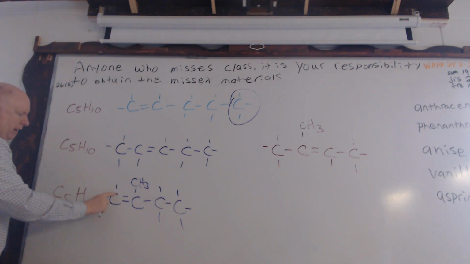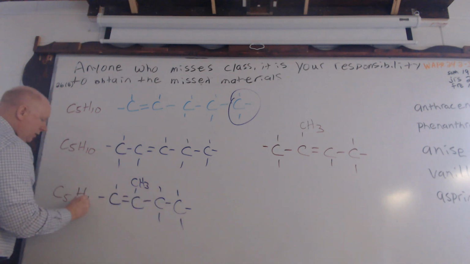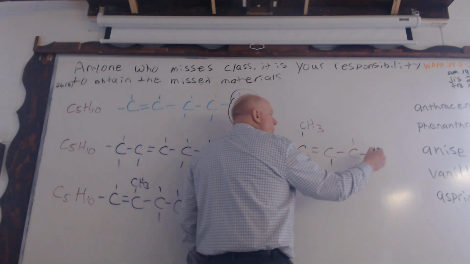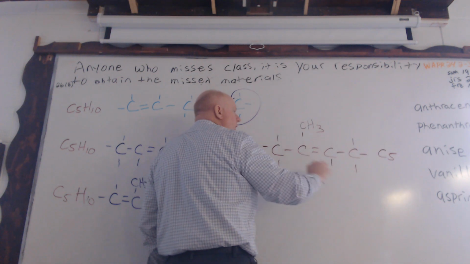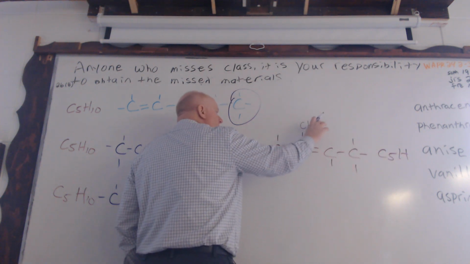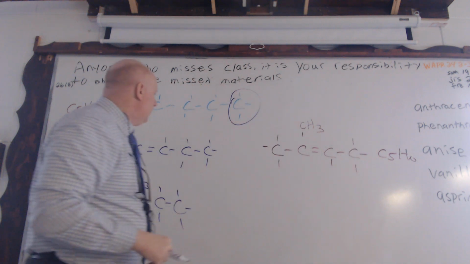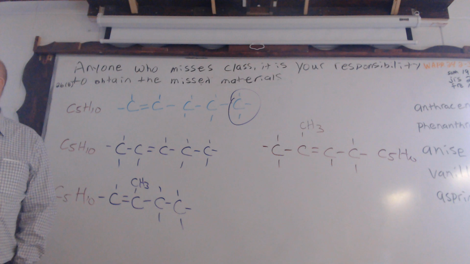We've got 2, and 3 is 5, 7, 3 more gives you 10. Then here, probably no surprise, C5: 1, 2, 3, 4, 5. And our hydrogens, we've got 3, 4, 7, 8, 9, 10. Three different structures, all having the same molecular formula.